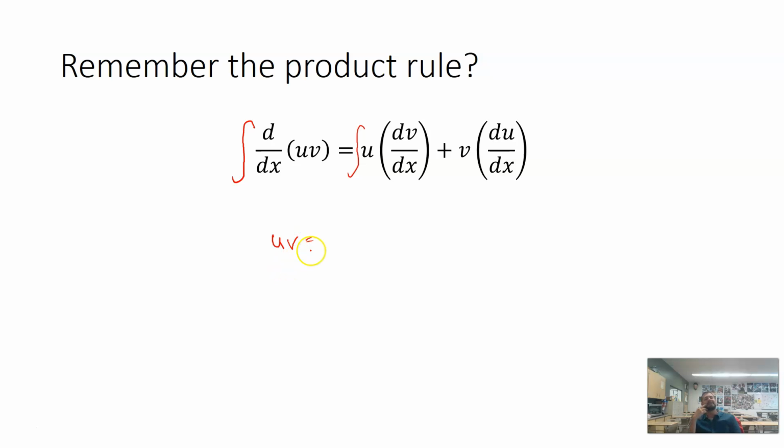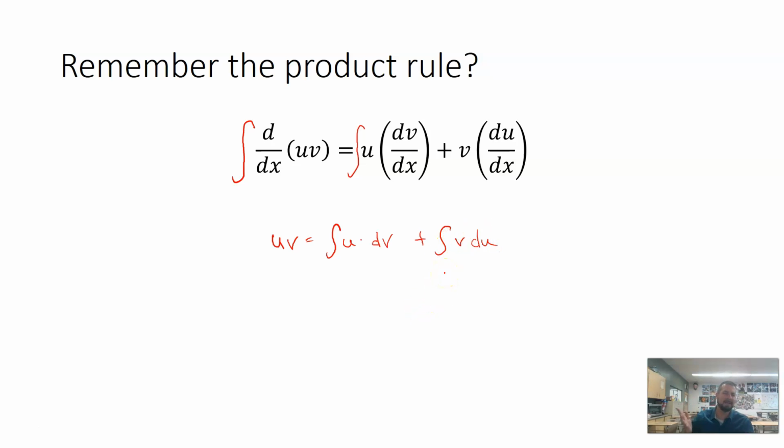So in reality, I could say that U times V is equal to, and we've talked about this a little bit before, I can distribute the integral sign through, so I could write this as the integral of U times dV instead of dv dx, and we'll talk about why in just a second, plus the integral of V du.